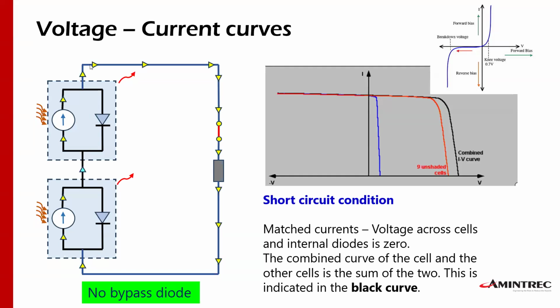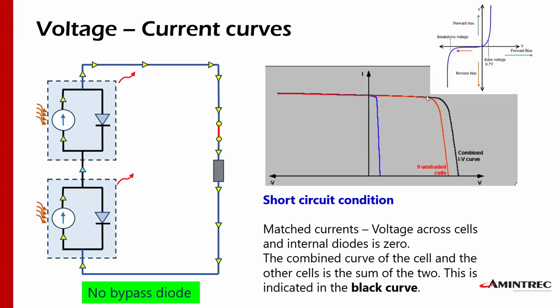Okay, then I have the current going through the load. Then we close the circuit, and it passes through the other cell, and I have the same situation. I have the short circuit current over here, 0 voltage on the diode, and this is pretty much on the open condition, 0. Then this will be this curve.